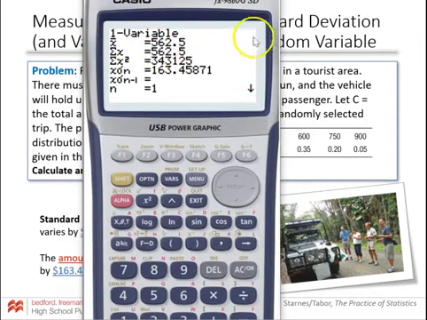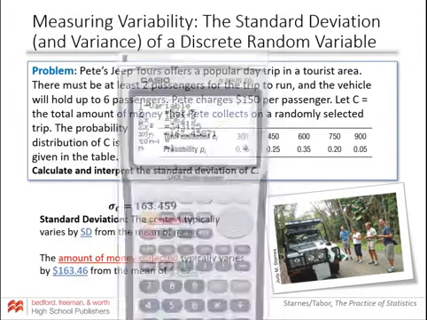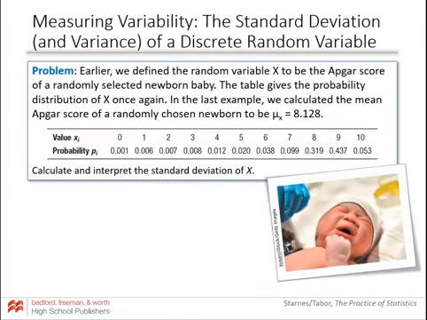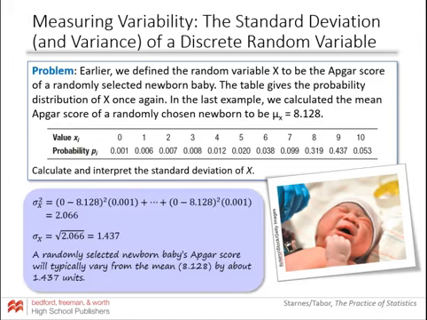So 562.5 is also your mean. All right, so you try this one. And there is your correct answer.